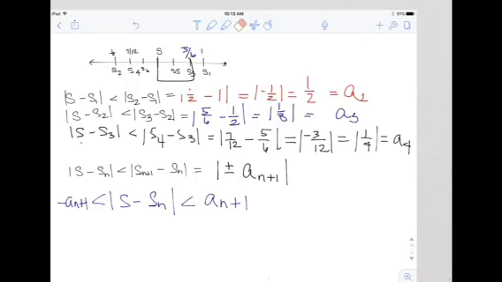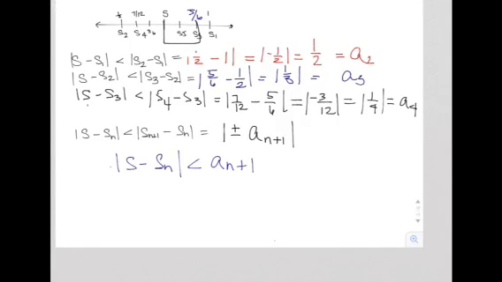Oh, sorry. The absolute value bar shouldn't be there. This is true. S minus S sub n is less than A sub n plus 1. The algebra behind that is then we could get rid of the absolute value bars, and it's negative A sub n plus 1 is smaller than S minus S sub n is less than A sub n plus 1.